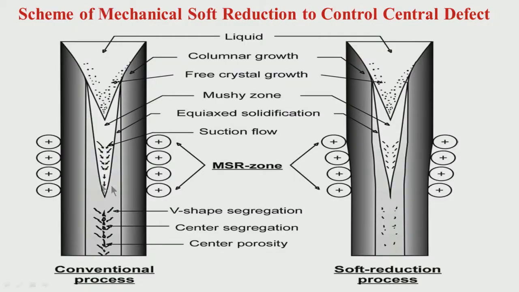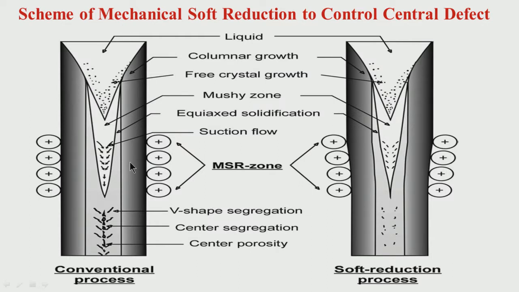Now look at what is happening if you want to do soft reduction. Soft reduction basically means you are intentionally introducing a small amount of mechanical reduction in the central portion, in that portion of the strand when it is getting finally solidified.